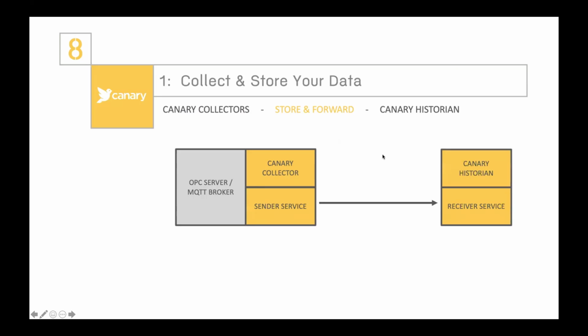This allows for great architectural freedom. And as you guys can imagine, it will also cater for loss of communication and local store and forward capability. So if you do have a connection breakdown from your collector to your receiver service, it will be cached locally. And obviously, when that connection comes up again, it will automatically push the data through.